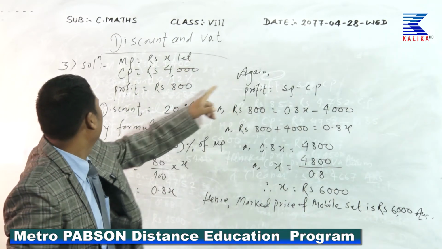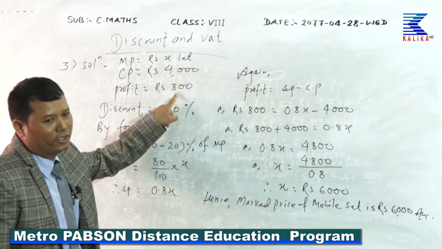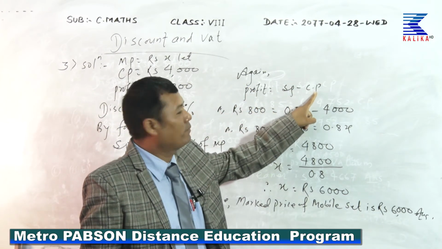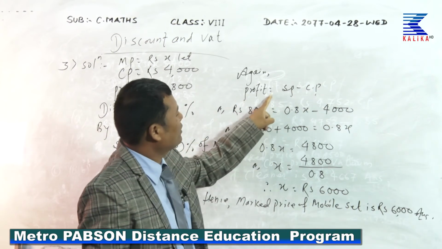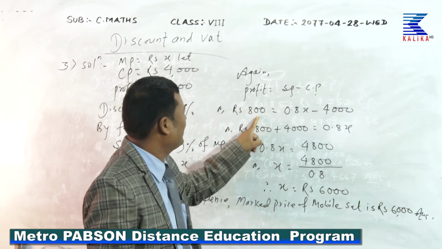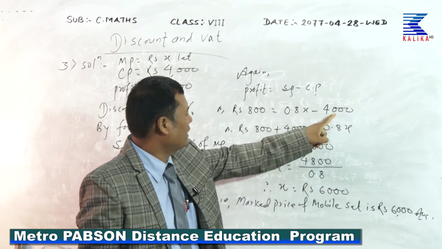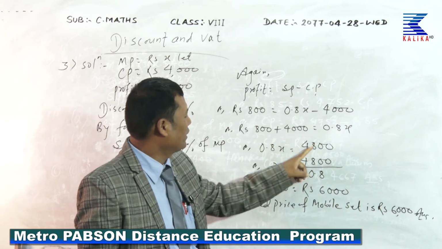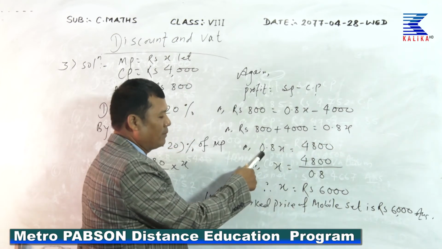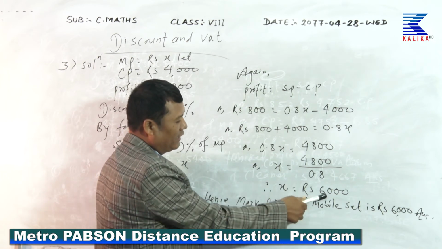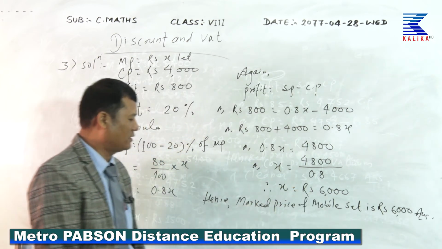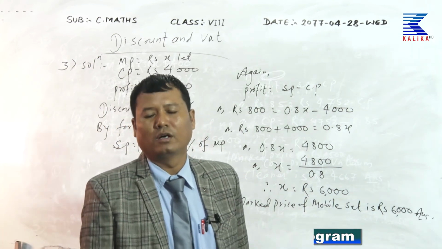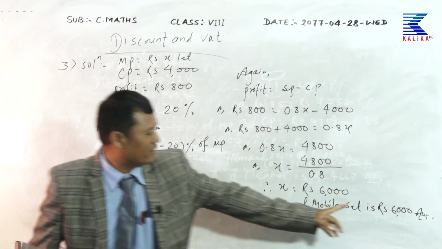Profit is 800, and profit is equal to SP minus CP, so 800 is 0.8x minus 4,000. Changing to the other side, 0.8x is equal to 4800, divided by 0.8, then Rs 6,000. Hence, the mark price of the mobile set is 6,000.